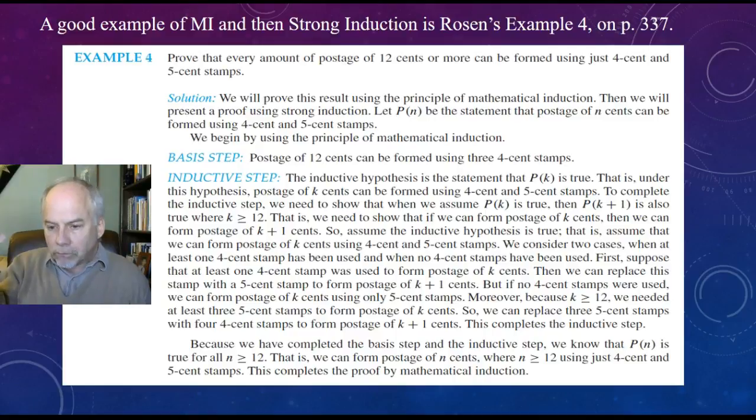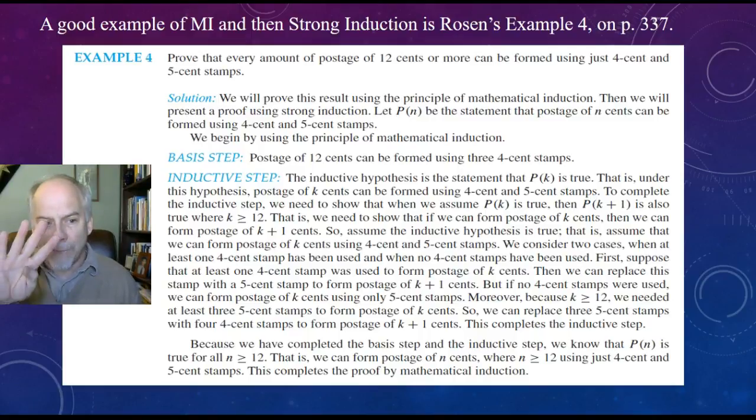So all you have to do is take away those three 5-cent stamps and replace them with four 4-cent stamps, because four 4-cent stamps is 16. If I replace 15 cents worth of postage with 16 cents worth of postage, then we've reached the one higher, in other words, the K plus 1 amount of postage.